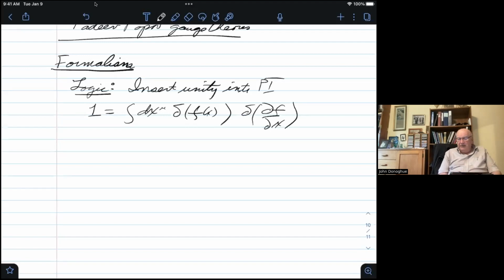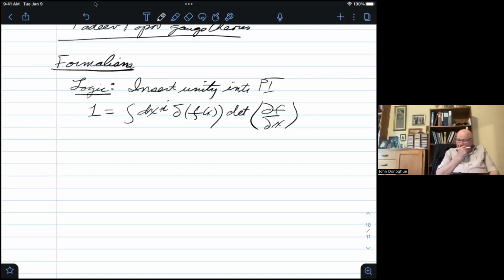So if I just had delta of x, then the integral of dx delta of x is 1. But I've got many variables. In the change of variables, I get a determinant.